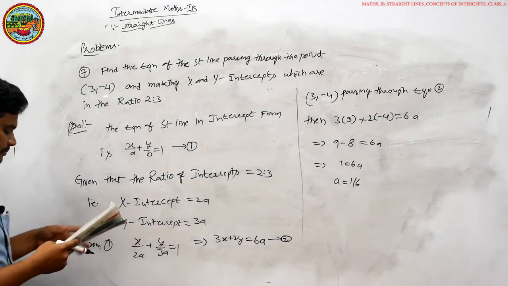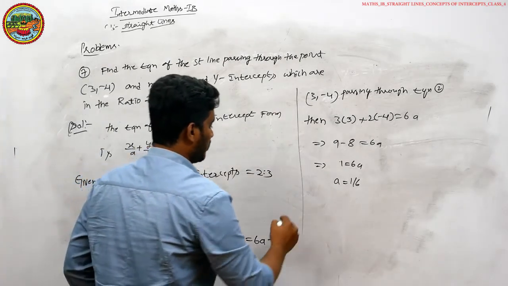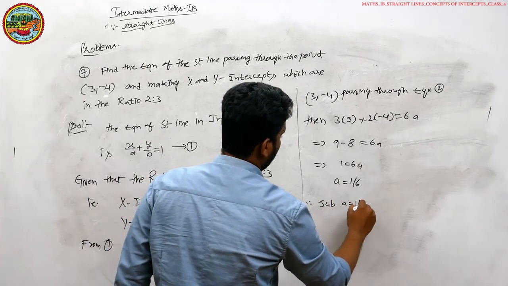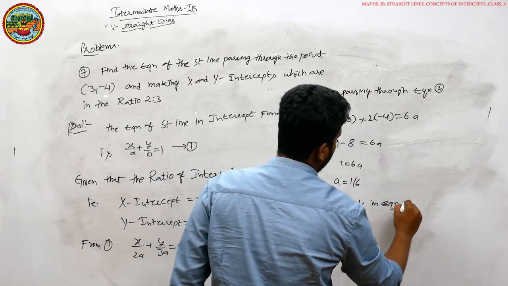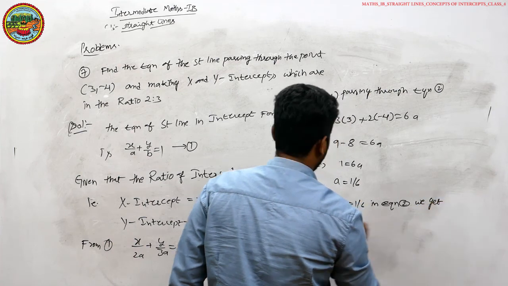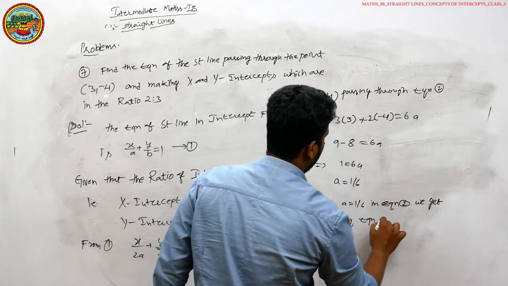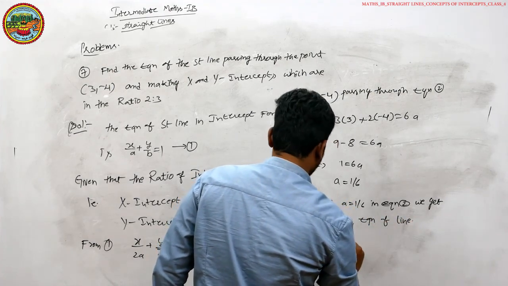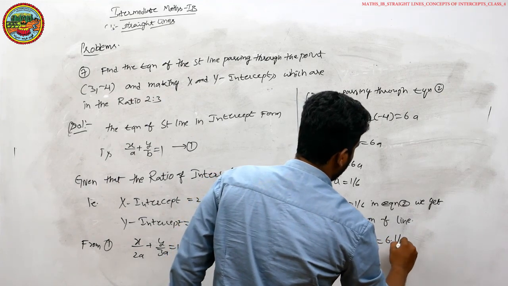So now substituting the a value, we get the equation of the line. Substituting a is equal to 1 by 6 in equation 2, we get the required equation of line: 3x plus 2y is equal to 6 into 1 by 6.